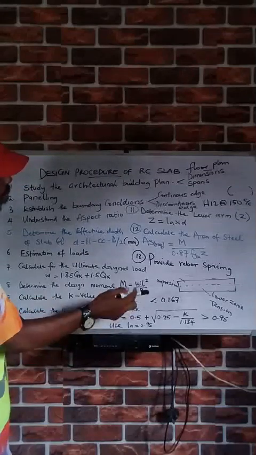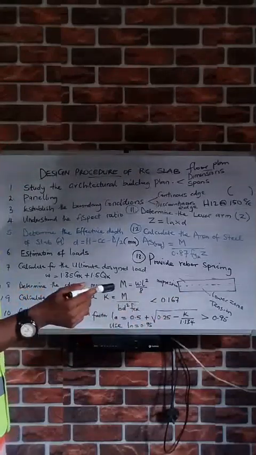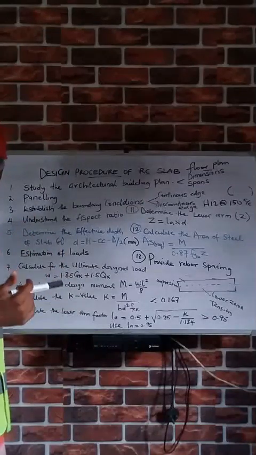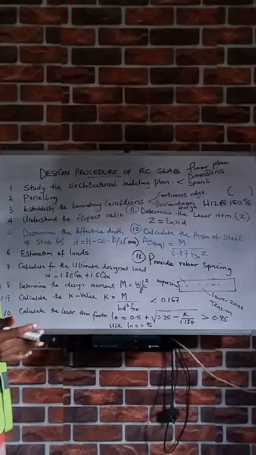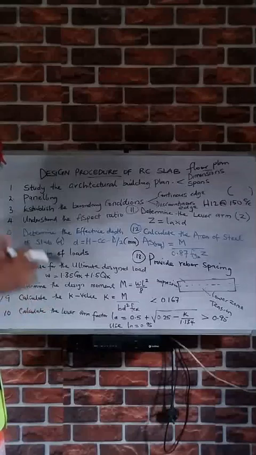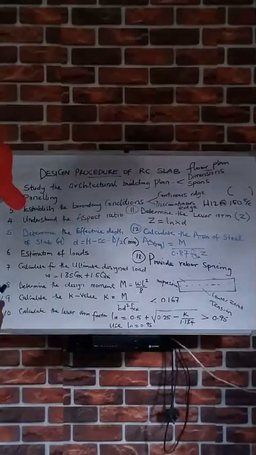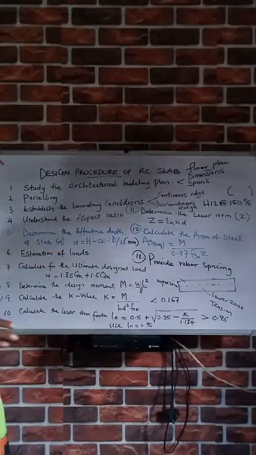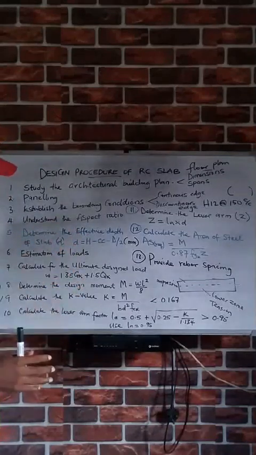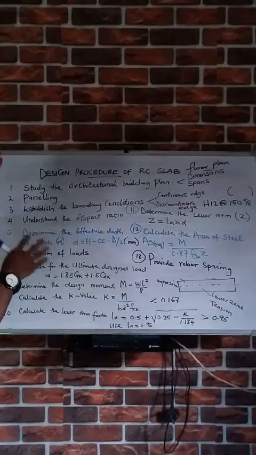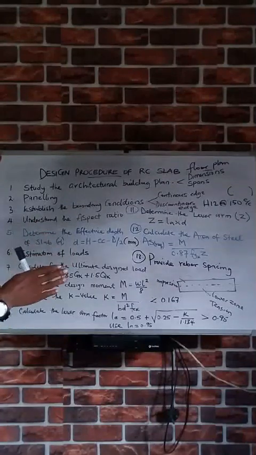The maximum moment is experienced at the mid span. So if you have a span of 3.6, it's quite different from a span of 4 meters or a span of 4.5 meters. So you see that the span influences the moment that will be generated. From this point is what will change in the other panels that constitute that slab. So this is how you're expected to go about the designing of your slab. This is just the procedural approach in the design of our slab.